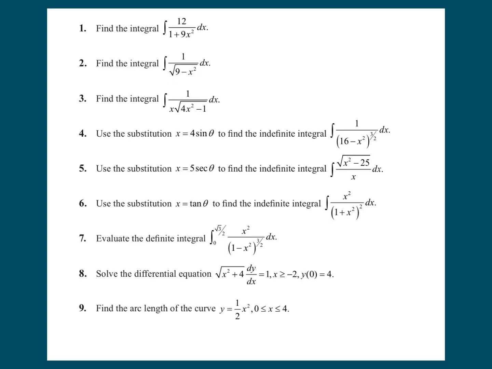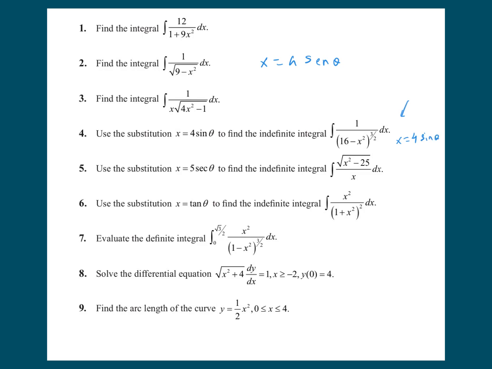When you see these radicals, you will use the substitution x equals a sine of theta to solve the problem. Here, for example, because it's of the type a squared minus x squared, we will use x equals a, which is 4, the square root of 16, sine of theta.